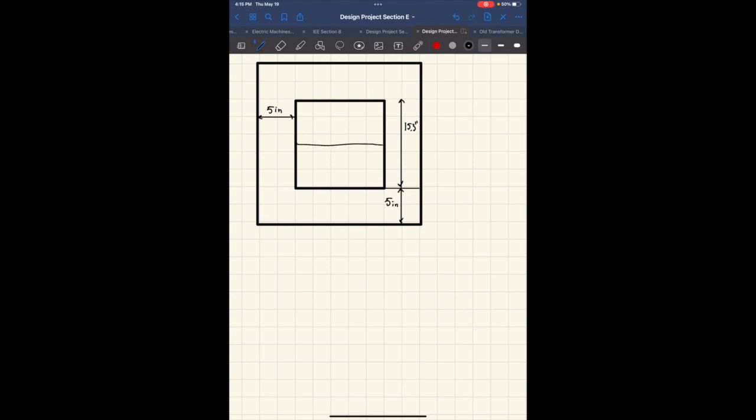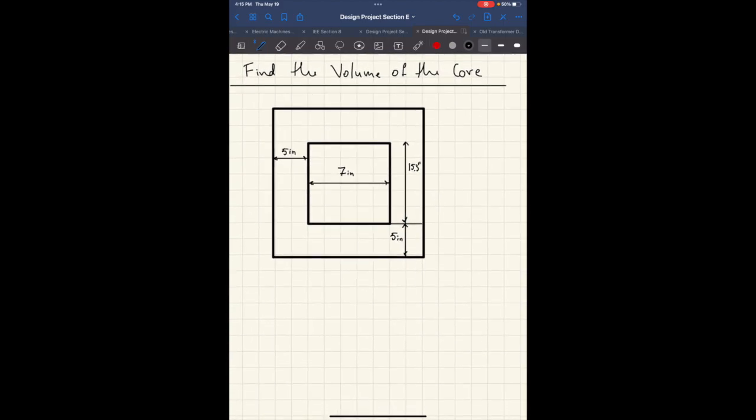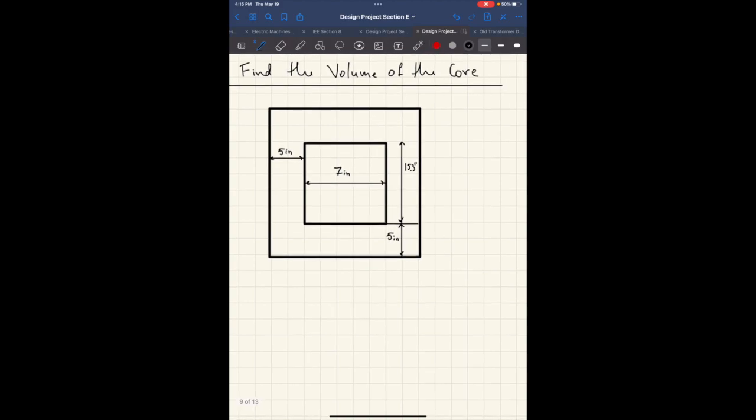The window was supposed to be 7 inches. So overall, this height is going to be 15.3 inches plus 5 inches, plus 5 inches, because you have the other distance up here.